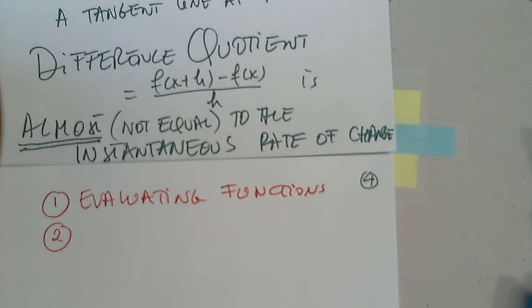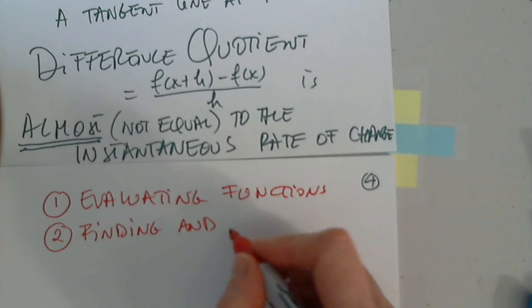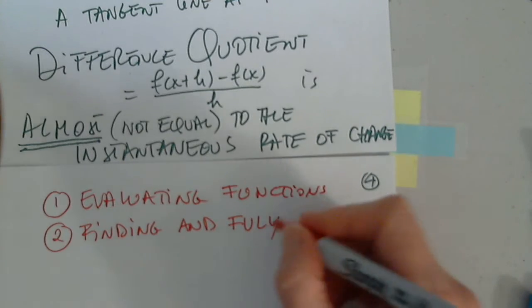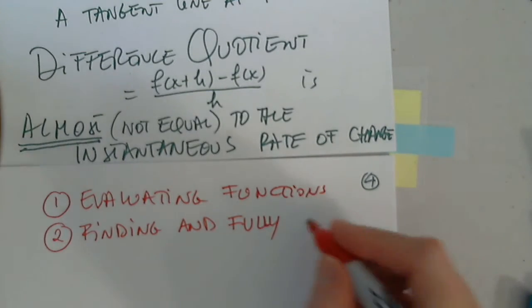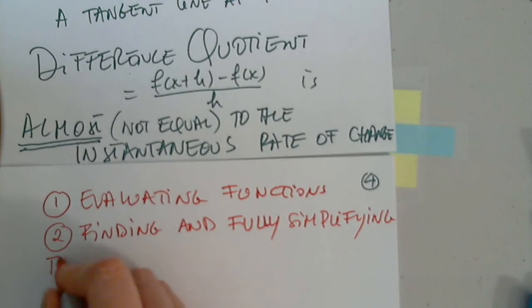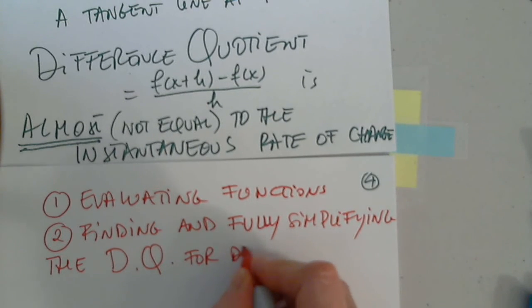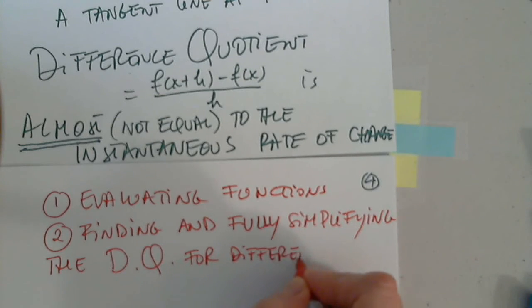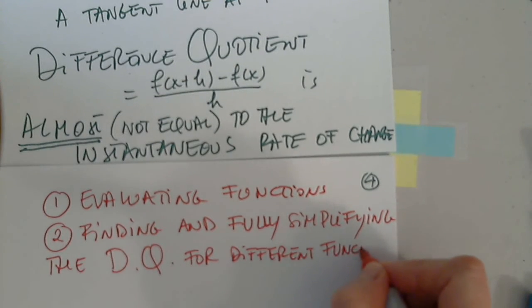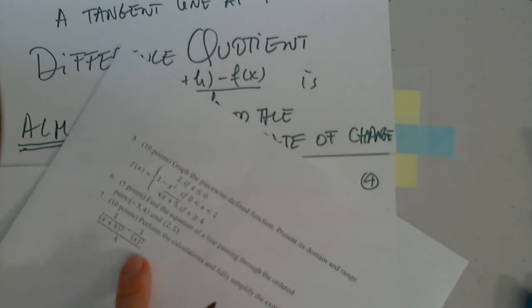Number two that I want to review with you is finding and fully, it is a double L here, fully simplifying the difference quotient for different functions. And that will bring me to this last problem here.